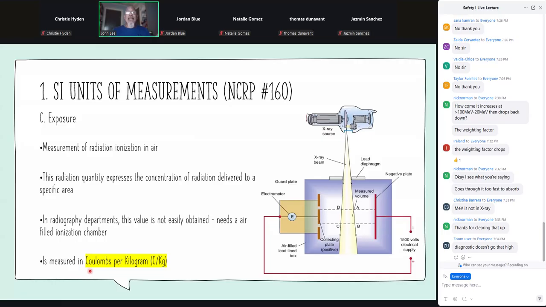The unit that they use to measure it in is coulombs per kilogram, but the other unit that can be used is air kerma, which is a little bit different, because exposure is for an area. Kerma is going to be to a specific spot, smaller. It's not a big area; it's a smaller area. But that unit is also gray, subscript A, lowercase.